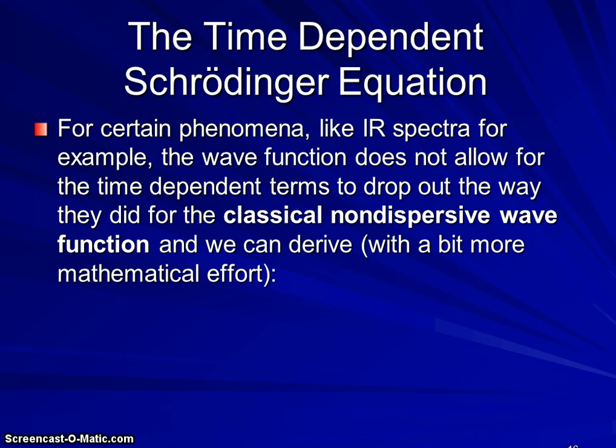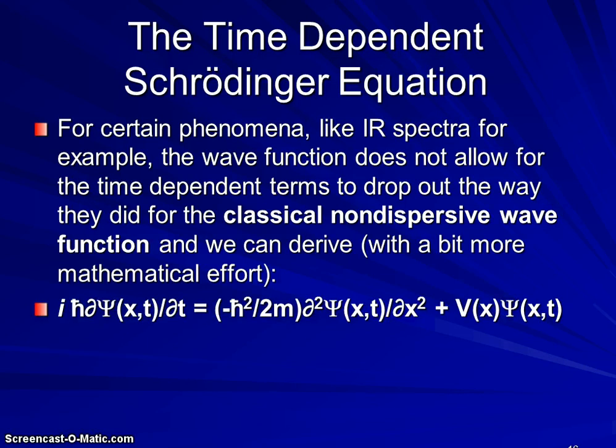And so, with a bit more mathematical effort, we can derive an expression that calculates energy using the time-dependent wave function. It works out to i times h bar times the derivative of the full wave function with respect to t gives us the same equation, that is, energy times the wave function.